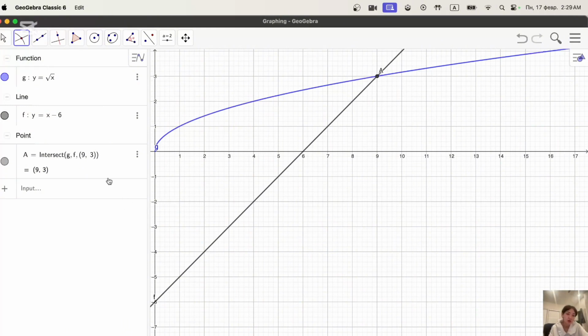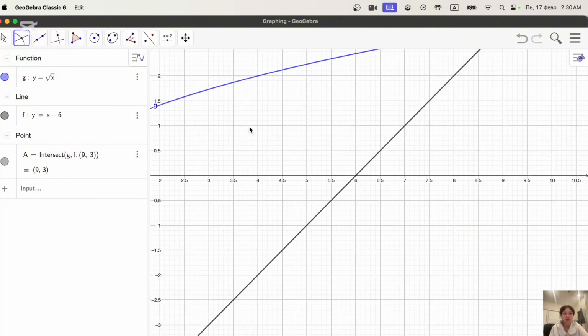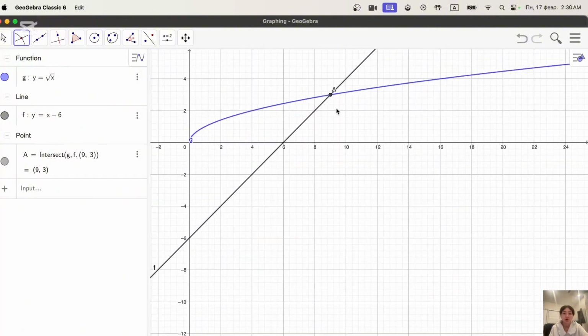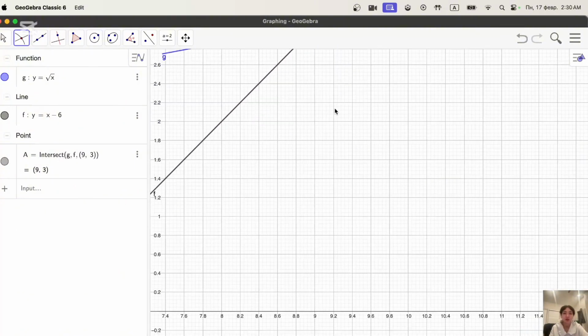And why does the CAS view show an exact solution?